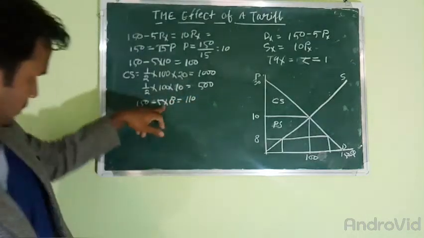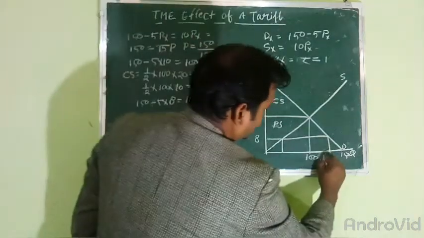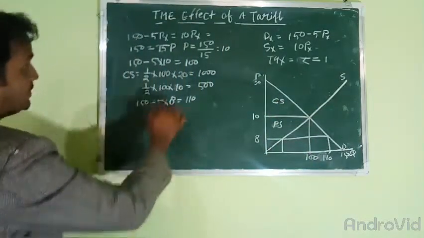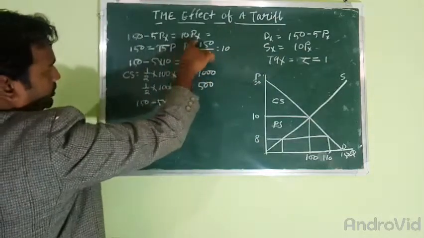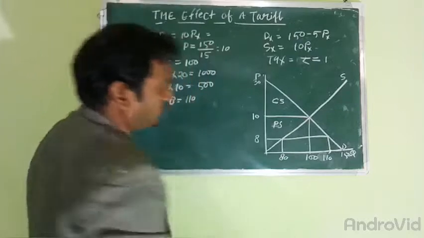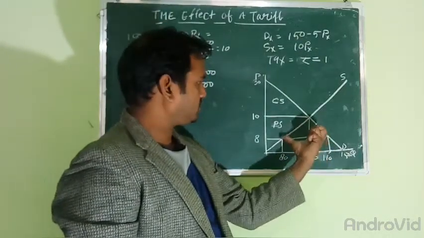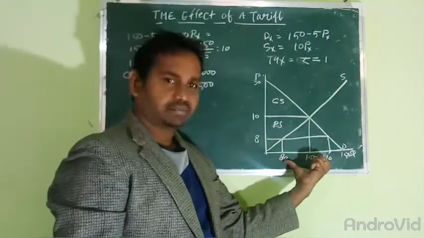The domestic supply is 10 into 8, which is 80. The difference between 80 and 110 is the import, so the import is 30.